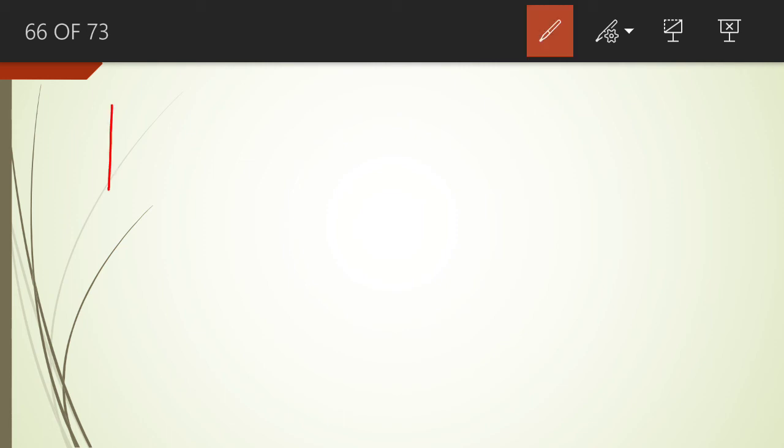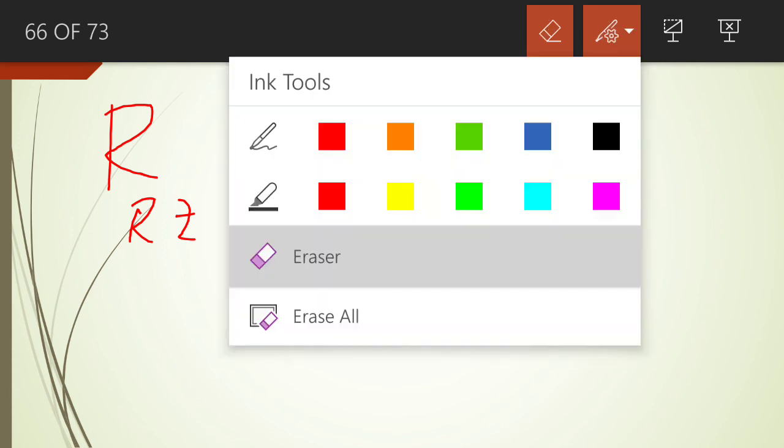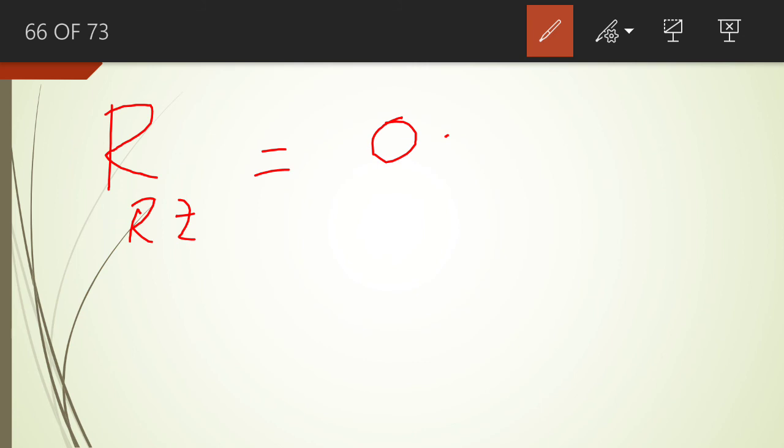So we have R RZ, and this one was equal to 0.35 divided by delta T, right?